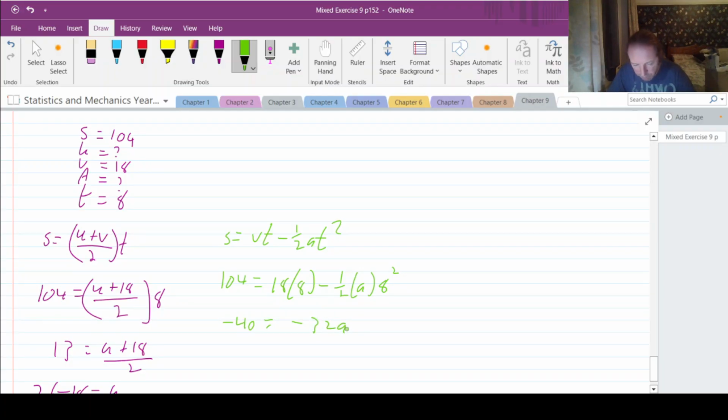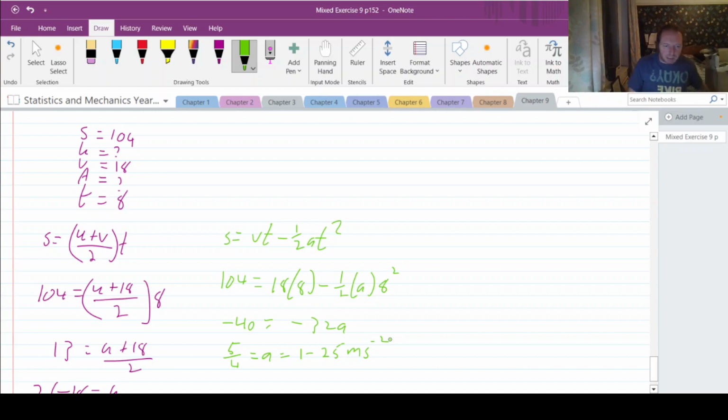So 40 divided by 32 is 5 over 4, which gives us 1.25 meters a second minus 2 being an acceleration.